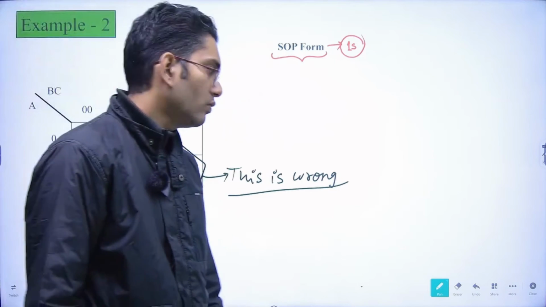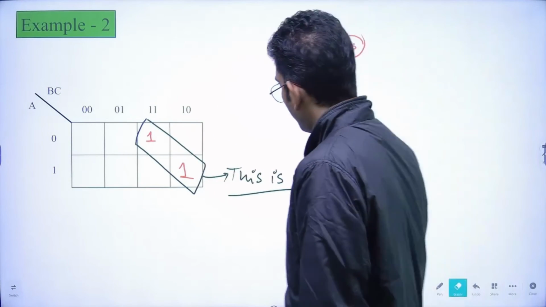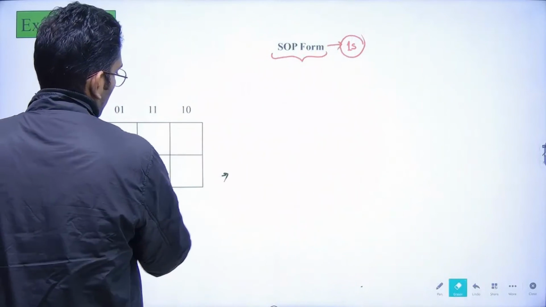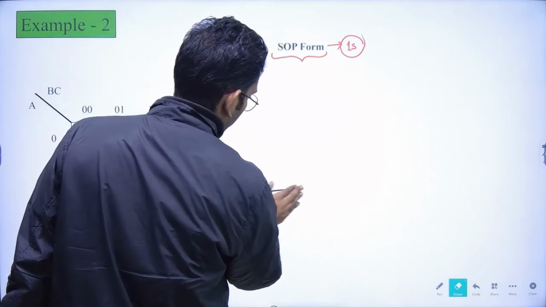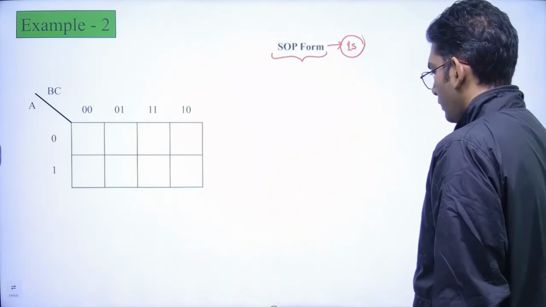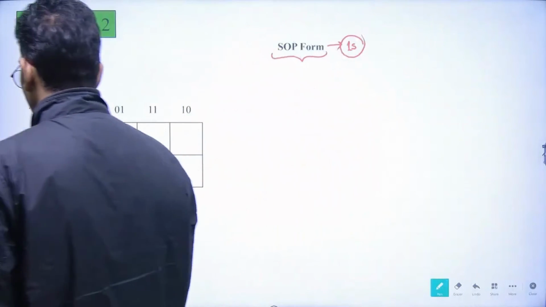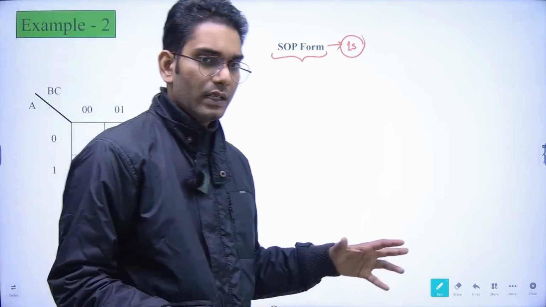What we have to do is the pairing in the straight format, means either including the rows in the rows and the columns in the columns. We can't do the pairing by taking the terms in the diagonal.